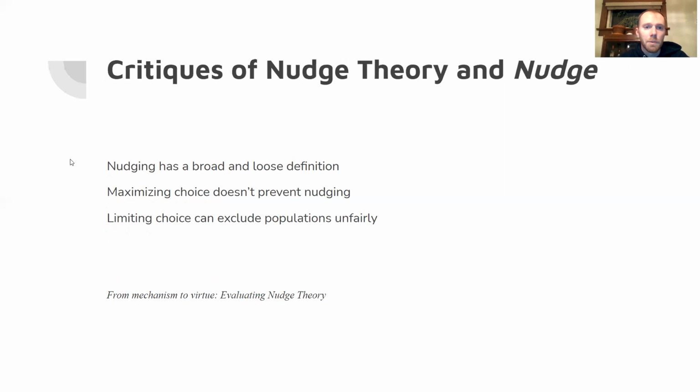And then there are some critiques that I found of nudge theory. This is mainly from the article "From Mechanism to Virtue: Evaluating Nudge Theory." One of the main critiques they had is that nudge has a pretty broad and loose definition, so it's hard to know what a nudge is and isn't sometimes, and how that differs from some of the traditional interventions that we've had from our government or from parents or other authorities.